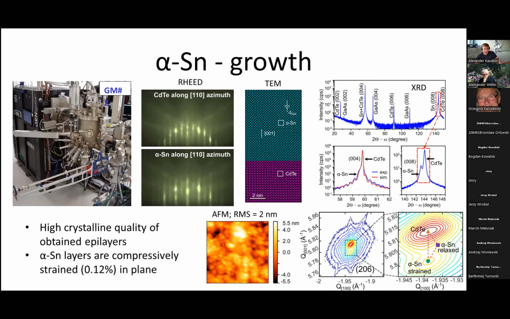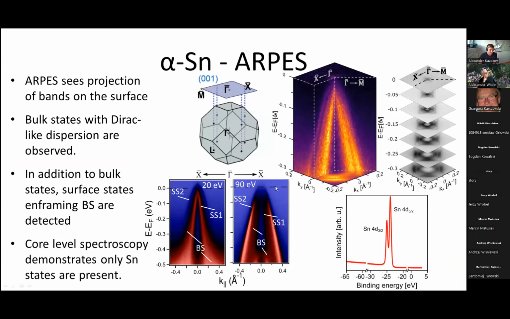The films were checked with XRD, which showed high crystalline quality of the films and the absence of any other phases, such as high temperature precipitates of tin, or beta tin. XRD also confirmed that the layers are fully strained. So it means that we should see Dirac semi-metal behavior, and AFM showed very low roughness of the film, which is also confirmation of high quality of the grown films.